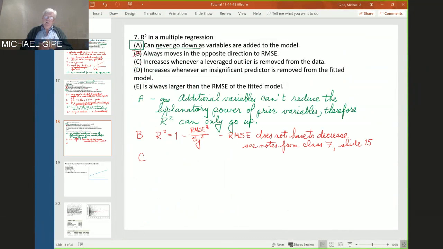How about C? R squared increases whenever a leveraged outlier is removed from the data. A leveraged outlier, we talked about this a little bit earlier, right? It's one that's kind of far out. Would R squared increase when we remove that from the data? No, it actually can go the other way around, right? A leveraged outlier has strong control.